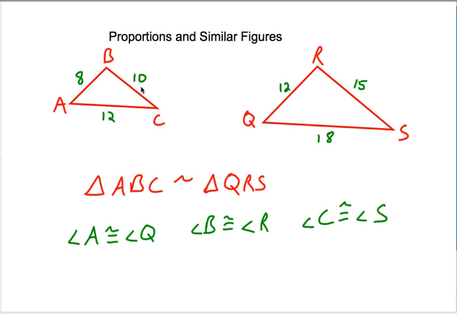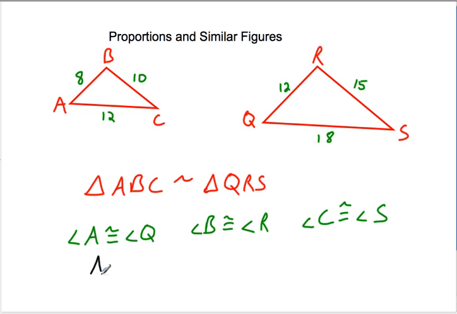There's more stuff about similar triangles that's nice. So we know the line segment AB, if I make a fraction and say AB over QR, let's make that.